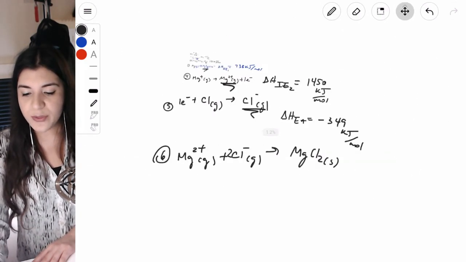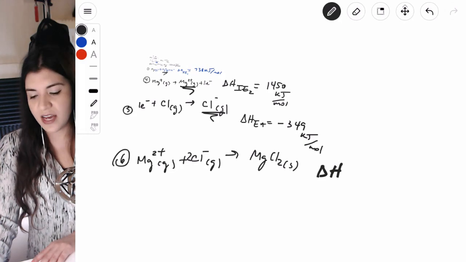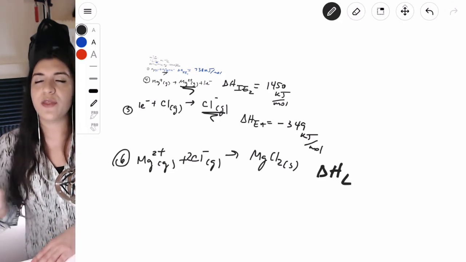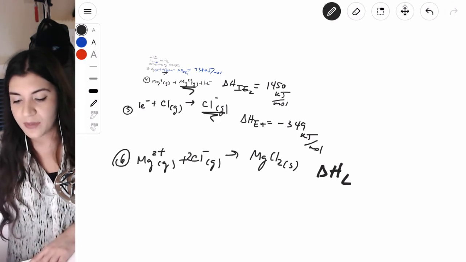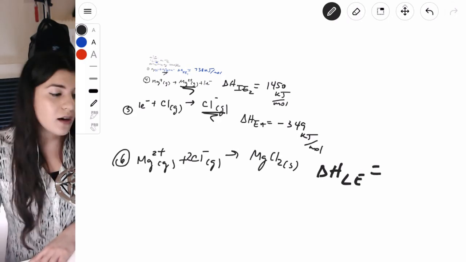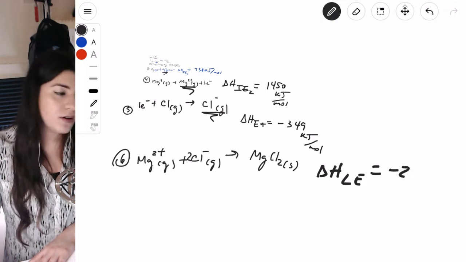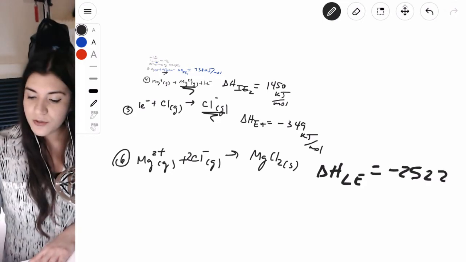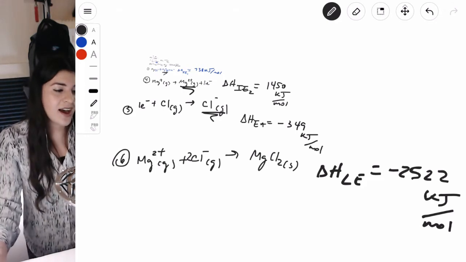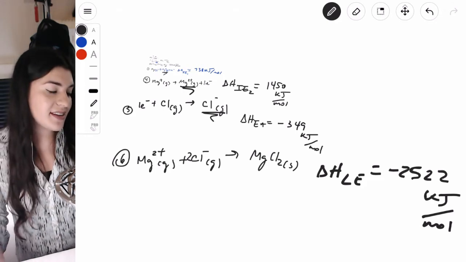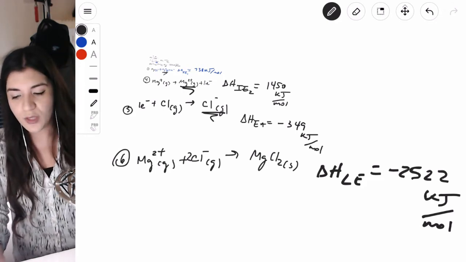And then this would have also been given, or sometimes they ask you to find the lattice energy and they would give you the actual enthalpy of formation. And then you would subtract using that formula. So this is lattice energy. This is -2522 kilojoules per mole.